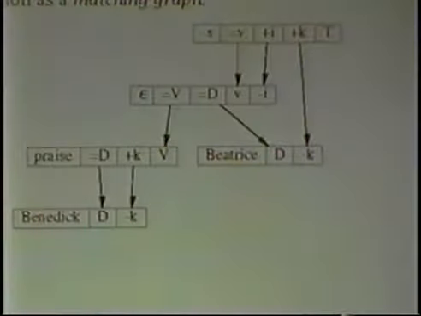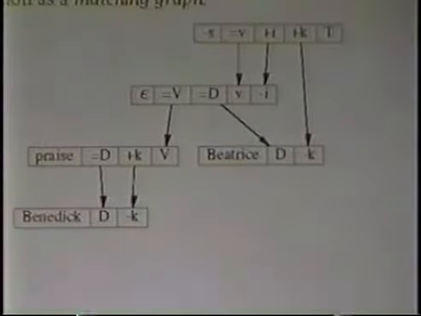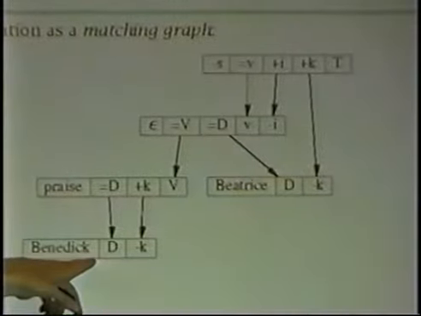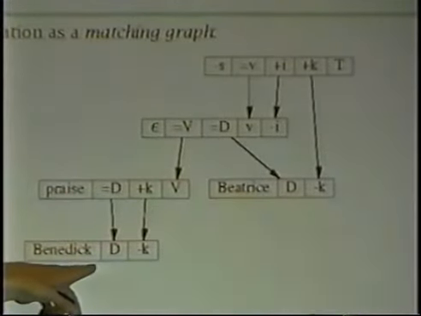So I call this a matching graph. One thing I like about this graph is that what we'd like to have in a good grammar is one where the syntactic relations, the checking relations, correspond to semantic ones. So here we almost have this. Praise is most immediately related to its object, Benedict.